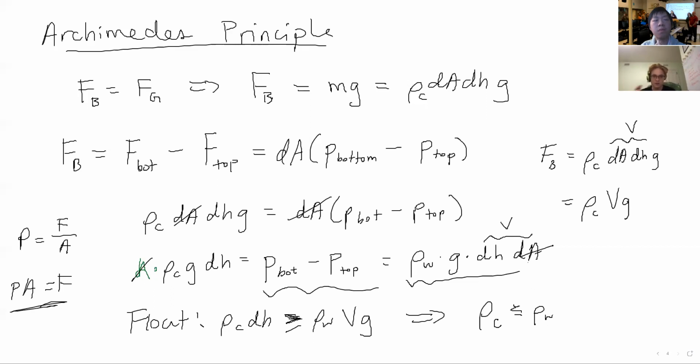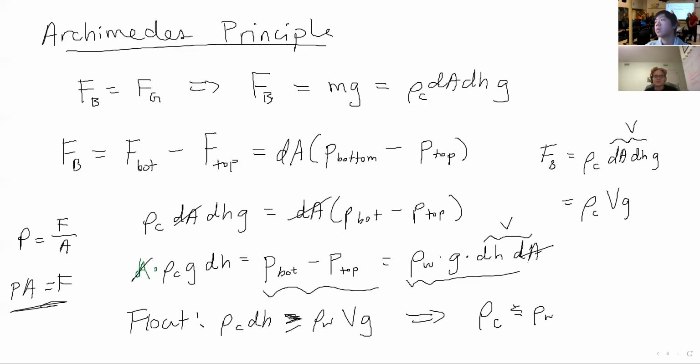So you get rho C is less than or equal to rho W in order for the equality to hold. So you can basically cut out the middleman and go immediately to the rho C, rho W thing.